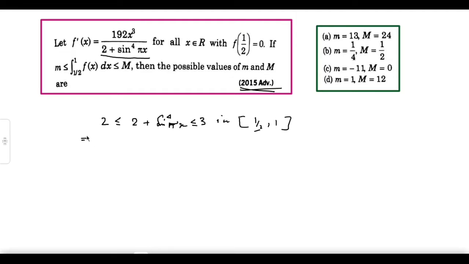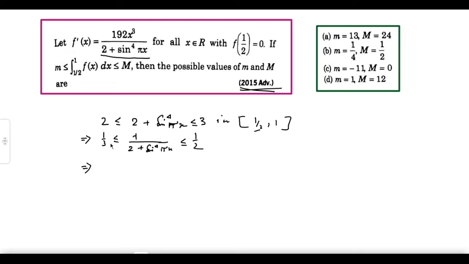It implies 1/3 less than equal to 1 by 2 plus sine to the power 4 pi x less than equal to half. These are the properties of inequalities.